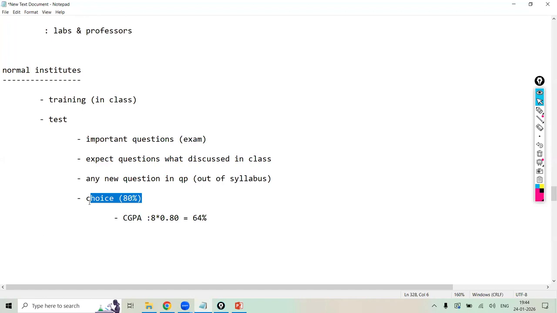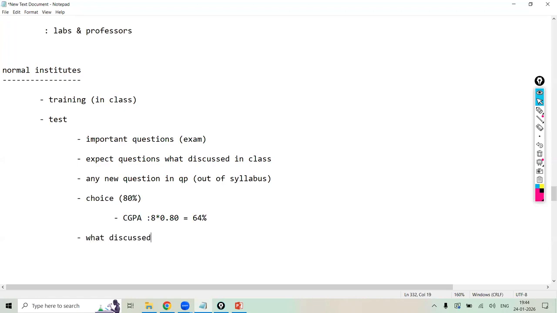We require the choice. For example, if they have not given a choice, write every question, then no. Choice is required. Either-or, or at least out of 10 we require only 5 or 6. These many conditions are there to test ourselves. And most importantly, what was discussed in the class, only that should be asked. You should not ask a new question also.